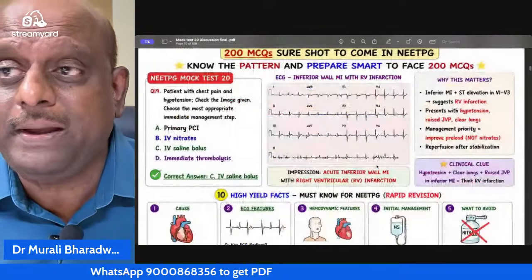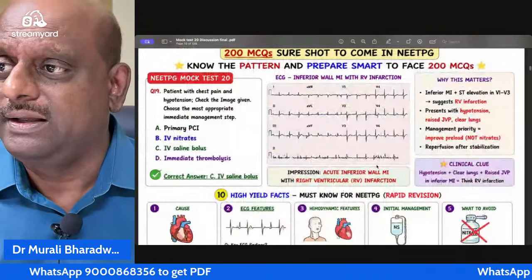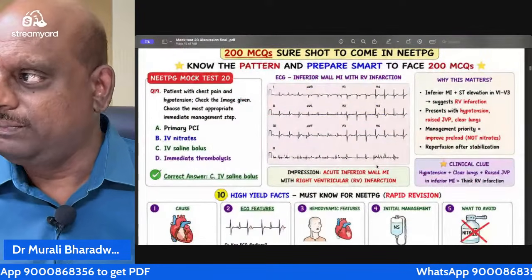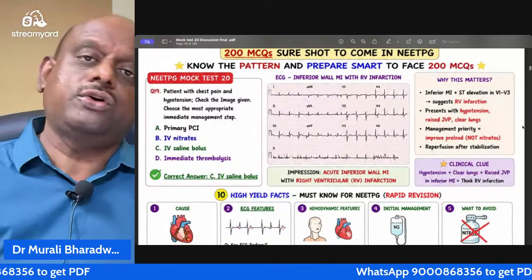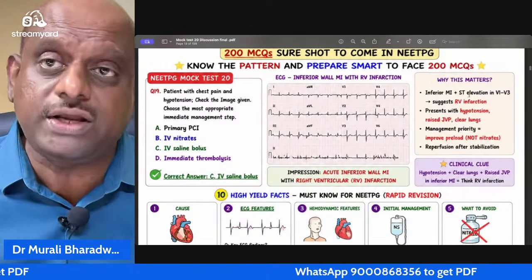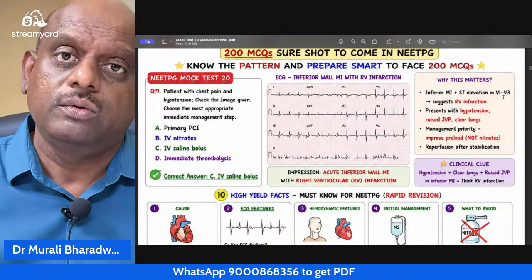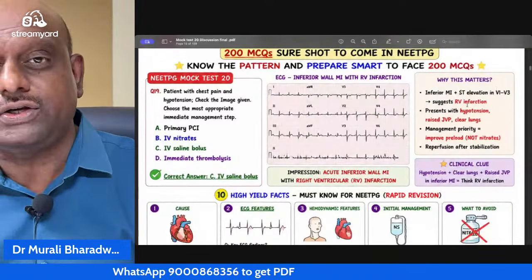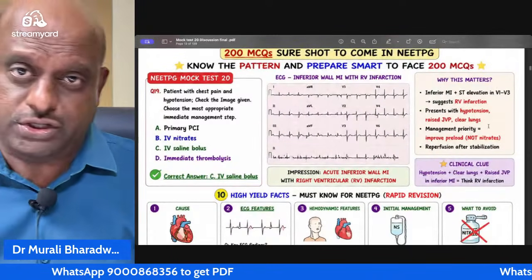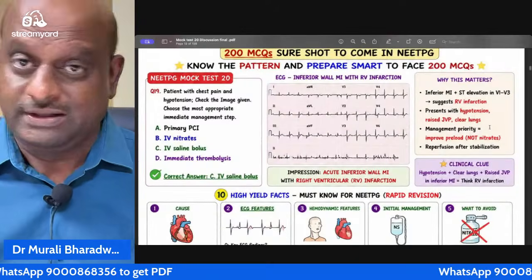Now, patient has chest pain, hypotension. So, it is a case of inferior wall MI with ST elevation in V1 to V3, where you have RV infarction. It presents with hypotension, raised JVP, clear lungs.